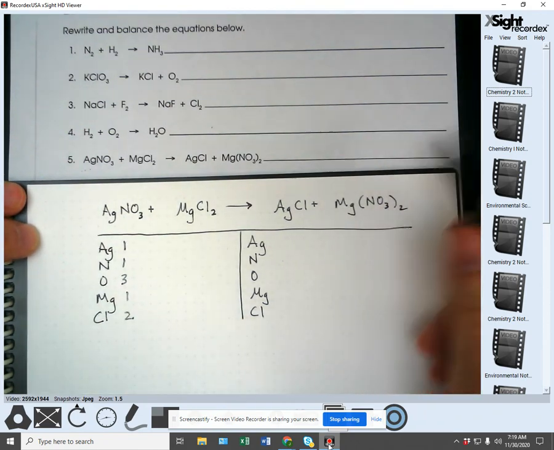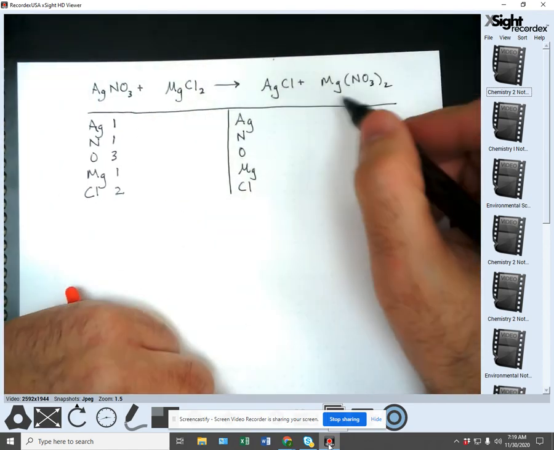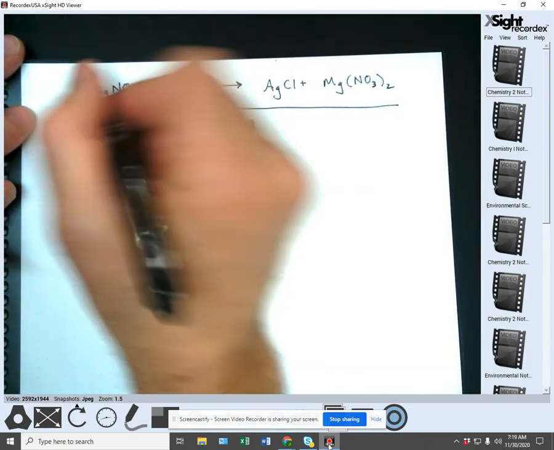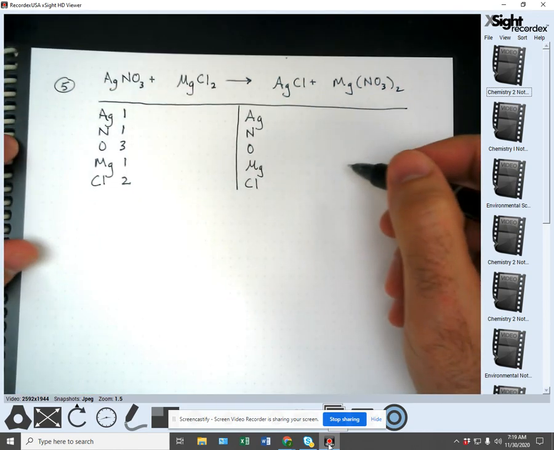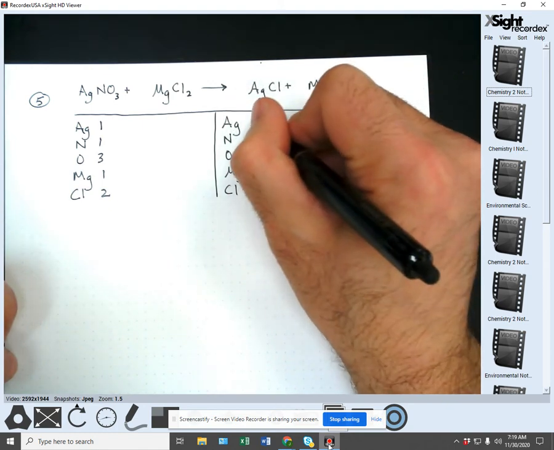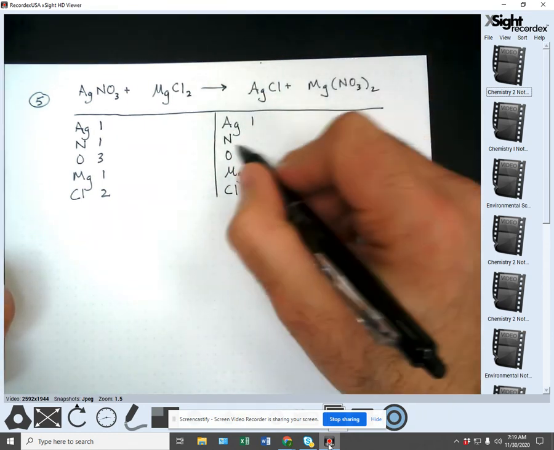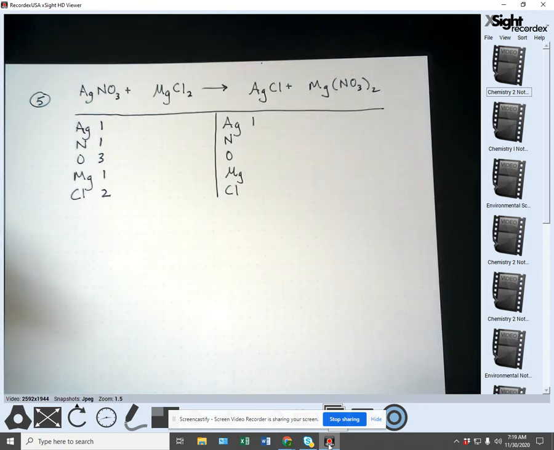Okay, on the right side, I'm just going to get rid of this for now. On the right side, and this is number 5. On the right side, I have 1 silver. Now, see this?